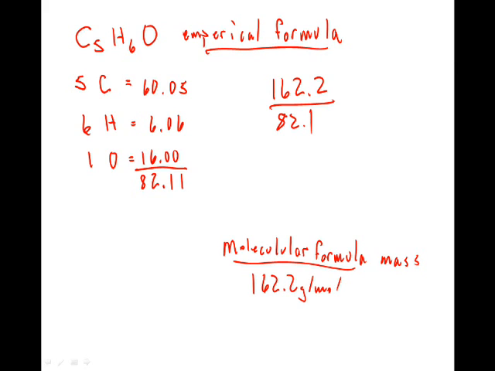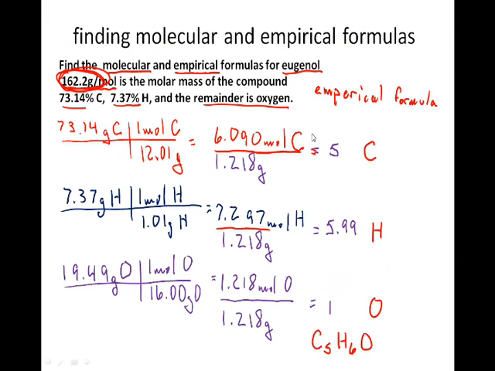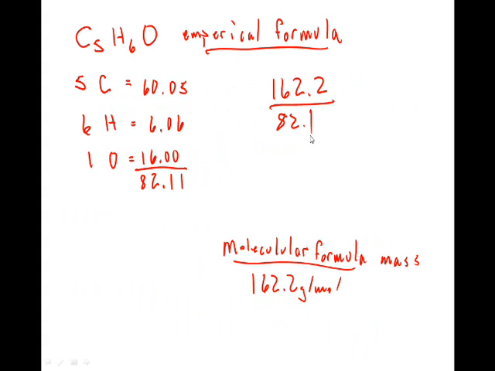Did I make some kind of mistake here? I'm just glancing back. Okay. We're going to be fairly close here. When you do this calculation, 162.2 divided by 82.1, and you can see where this is headed if you use your calculator right.